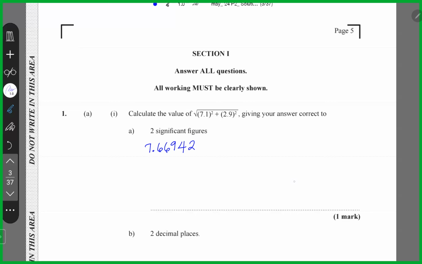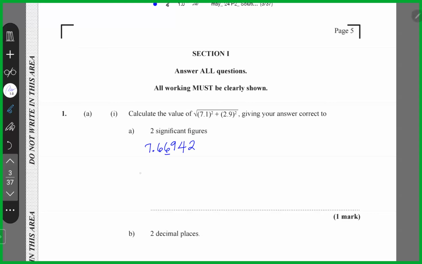The first significant figure is 7, the second significant figure is 6, and the third significant figure is the second 6. Now, whenever you're asked to write a number to two significant figures, you have to look at the digit that is the third significant figure. If the digit that you're looking at is 5 or more, you're going to add 1 to the digit before it.